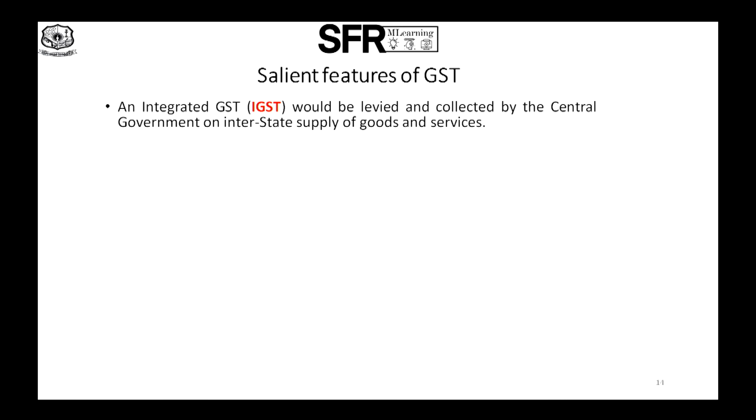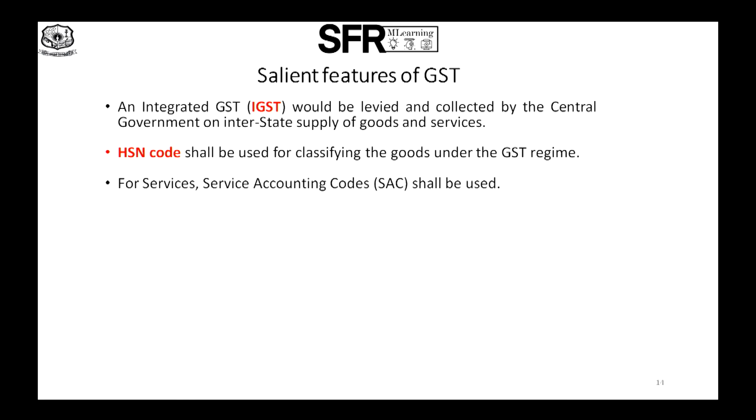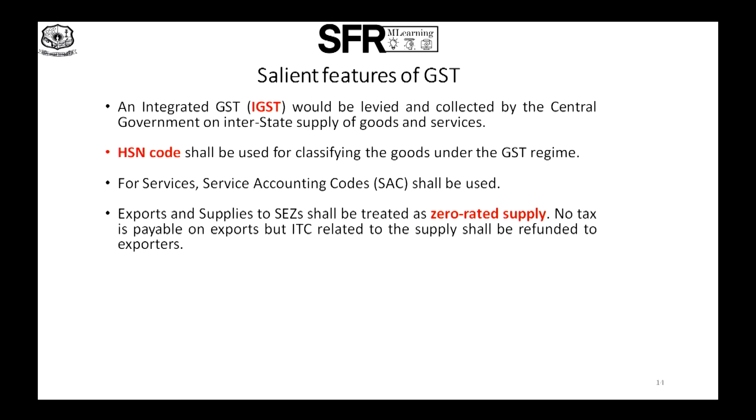IGST would be levied and collected by the central government on interstate supply of goods and services. HSN code, that is Harmonized System Nomenclature Code, will be followed for classifying the goods and services under the GST regime. For services, SAC code will be used.